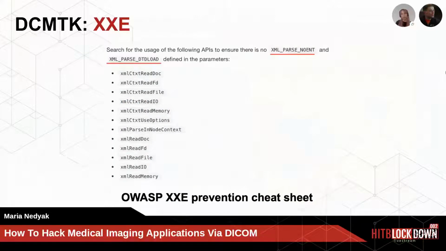And it also warns us about its dangerous options, such as XML_PARSE_NOENT and XML_PARSE_DTDLOAD. These options may lead to a vulnerability if you use them with functions from this list.